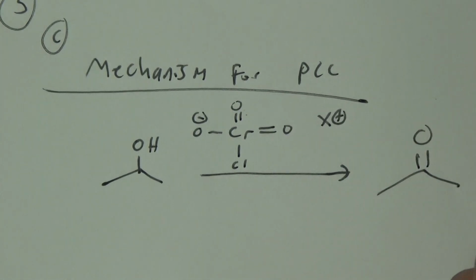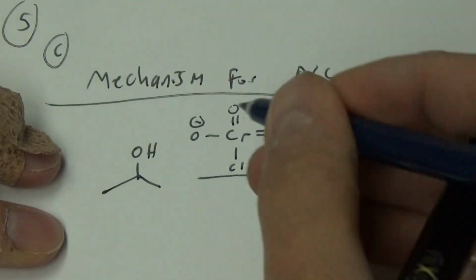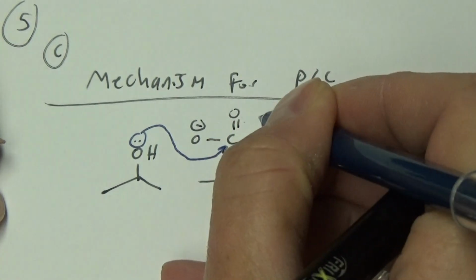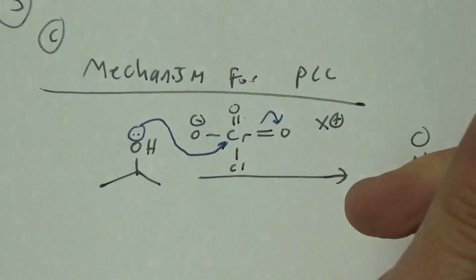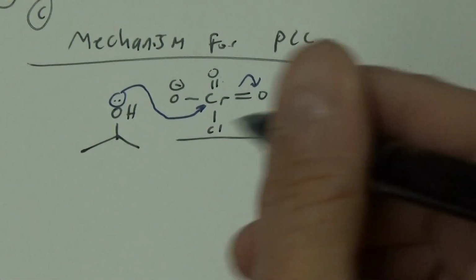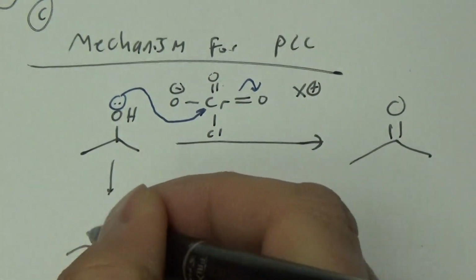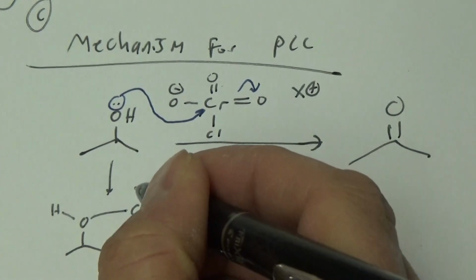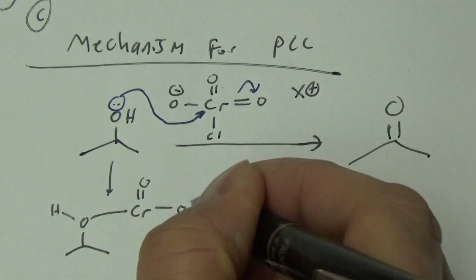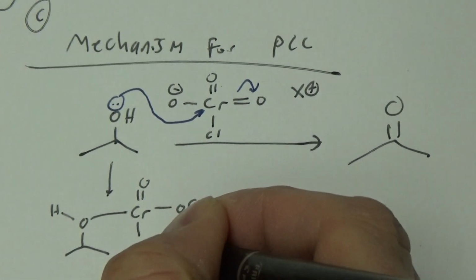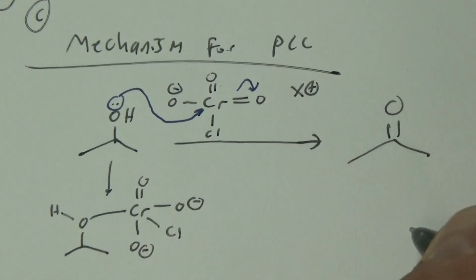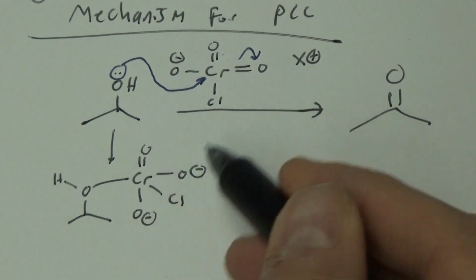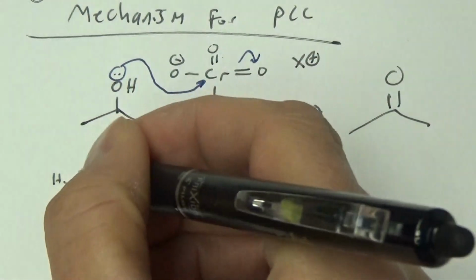Okay, so what do you think the mechanism is? Alcohol attacks, kicks electrons onto oxygen. Now we have a few O minuses, but that's no big deal. Still got the O with 3 things on it.